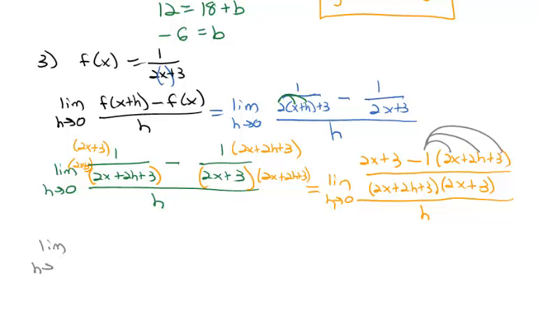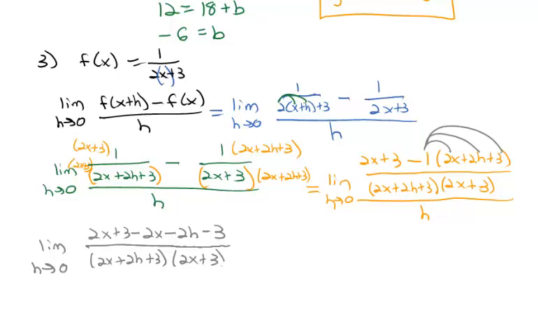We have the limit as h goes to 0 of 2x plus 3 minus 2x minus 2h minus 3, all over the common denominator of 2x plus 2h plus 3 times 2x plus 3, all over h.